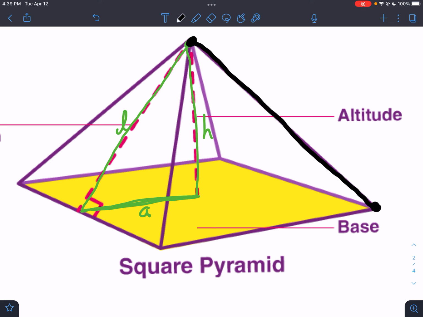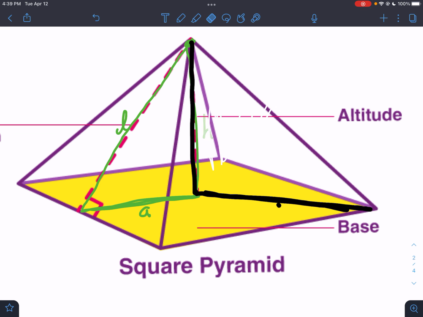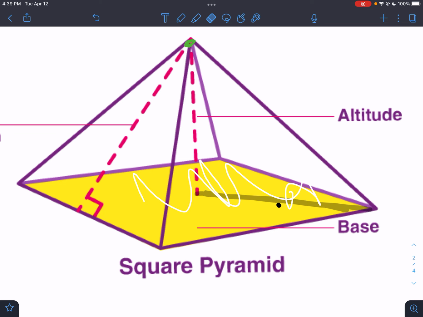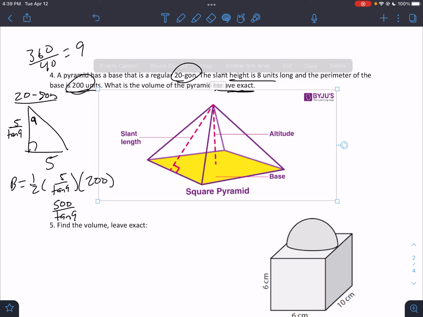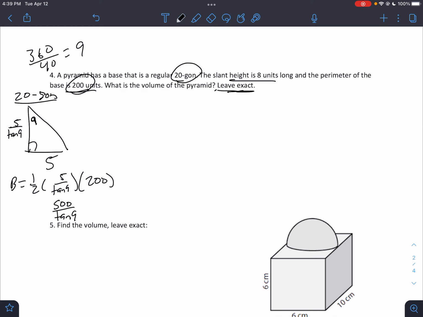Well, the lateral edge goes to the corner. What connects the height to the corner? That's a radius. If it's a square base, these are easy numbers to get, but we don't have a square base, so we're going to have to do some work on that. But those are the triangles that we're going to be working with, my friends. So keep that in mind as we go forward.